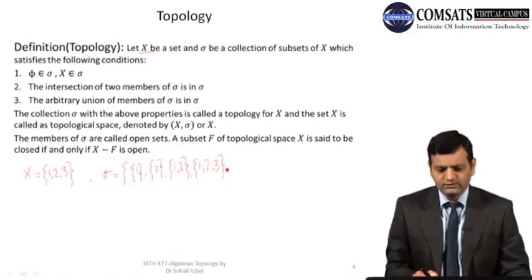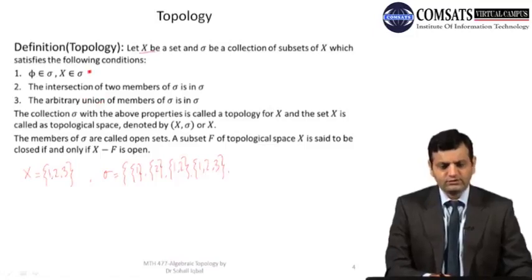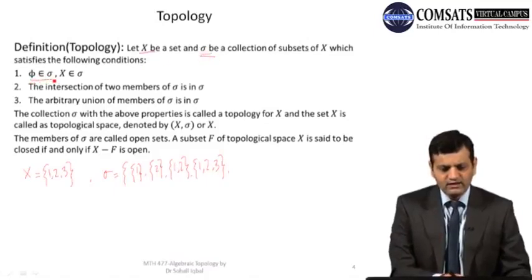We'll need to add some more elements to this collection, as we will see according to the definition. The first condition that sigma should satisfy is that phi and X belong to sigma.